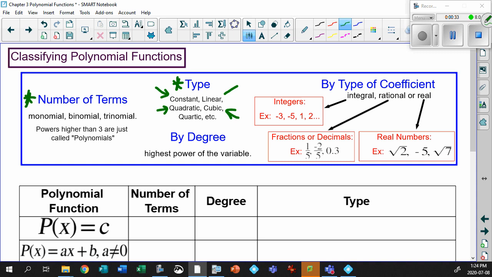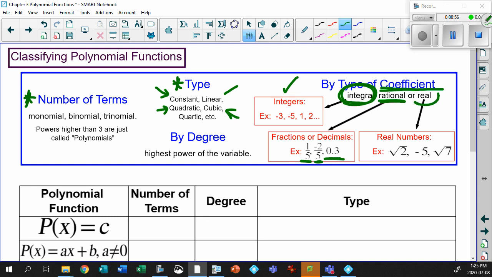Now, let's talk about what kind of coefficients we have here. Do we have integer coefficients? We also refer to them as integral. I think you remember that from Math 20-1. Do we have rational ones, where we have fractions or decimals as our coefficients?